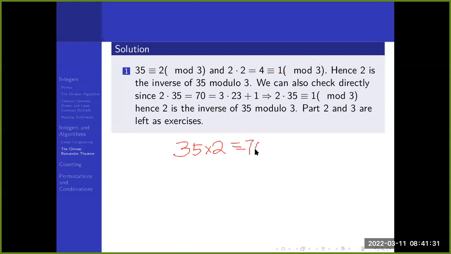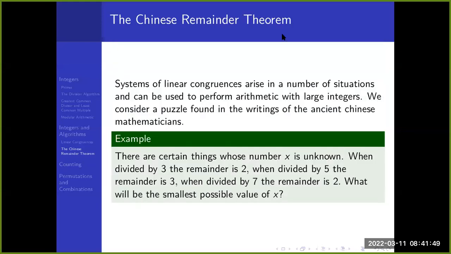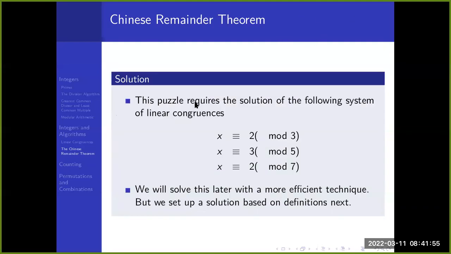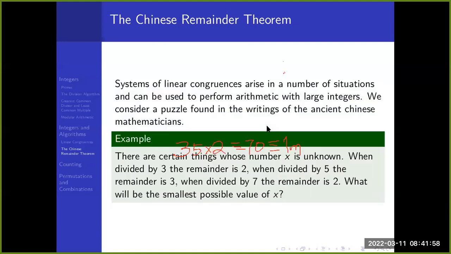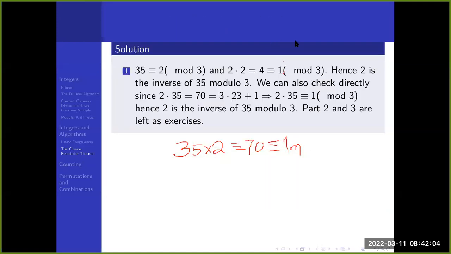And we know that 70 is definitely congruent to 1 modulo 3.